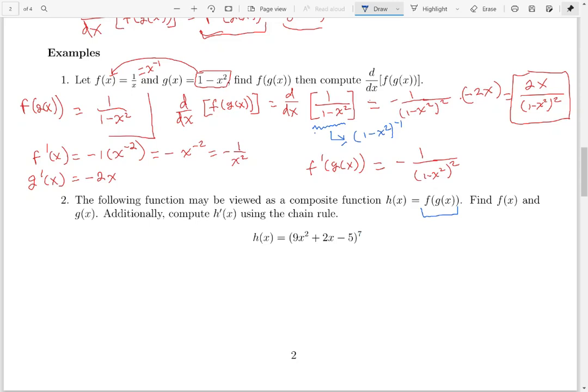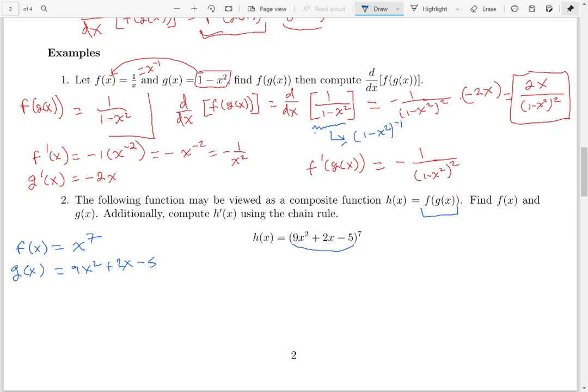Then it's perfectly fine for you to state, oh, well then I can see that f of x is really the entire function raised to the 7th power, so x to the 7th. Then my inner function, g of x, would of course be this polynomial inside the parentheses, which is 9x squared plus 2x minus 5.